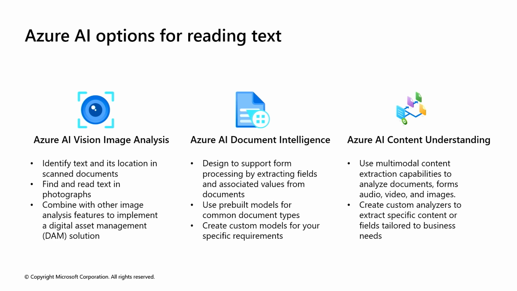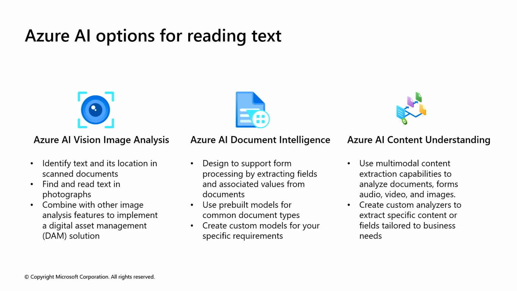First, Azure AI Vision Image Analysis focuses on extracting insights from images. It can detect and identify common objects, generate captions and tags, and even extract text embedded in images. Imagine scanning a business card with your phone and instantly capturing the contact details. This is a practical example of vision image analysis in action.